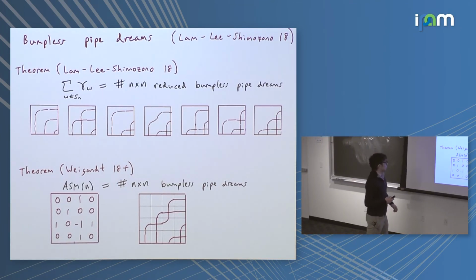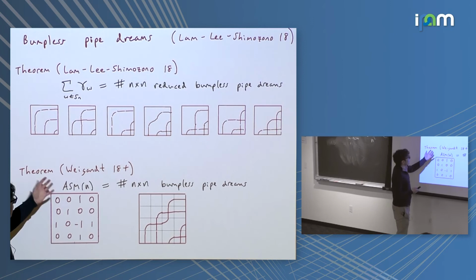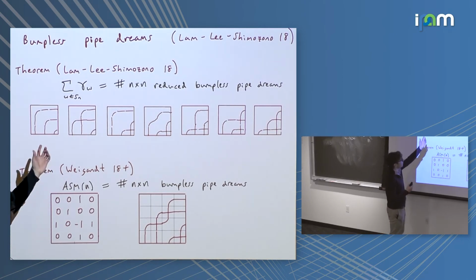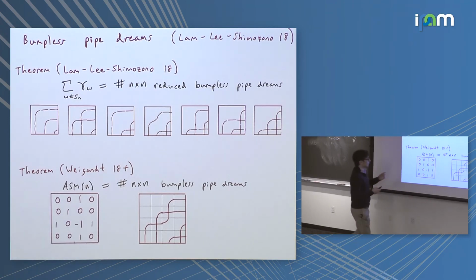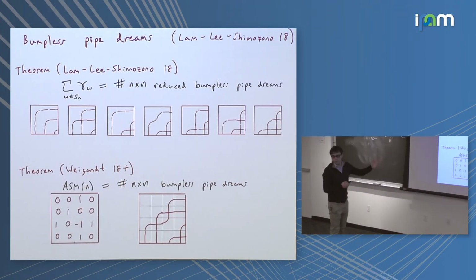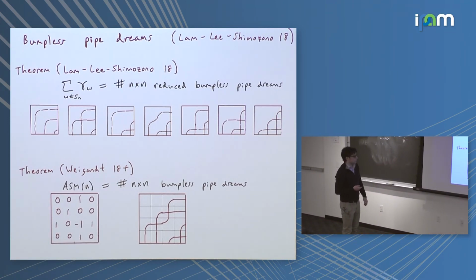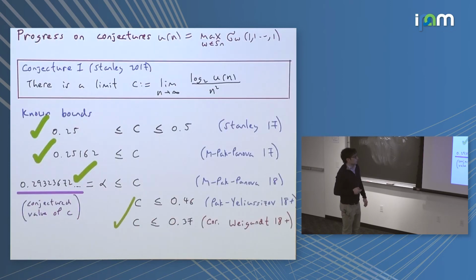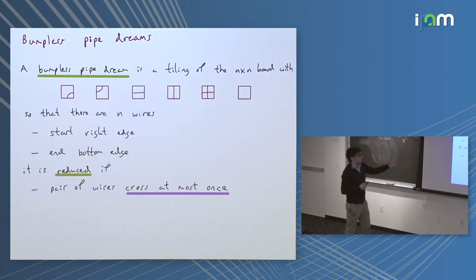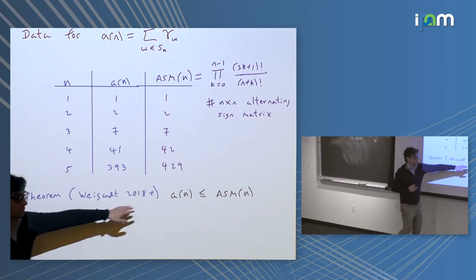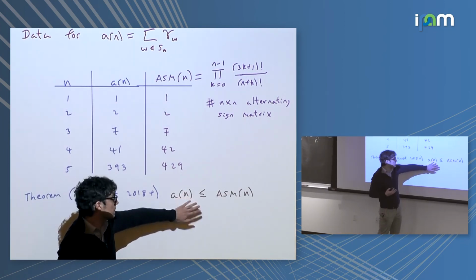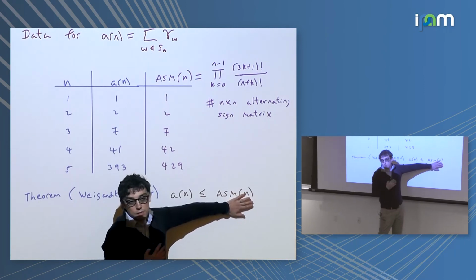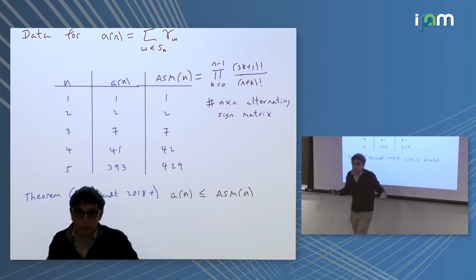Anna Weigandt showed how bumpless pipe dreams that are not necessarily reduced are in bijection with ASMs, in a talk she gave at Fomin's birthday conference last year. That's one way of understanding this inequality. These count reduced bumpless pipe dreams, and ASMs are in bijection with bumpless pipe dreams.